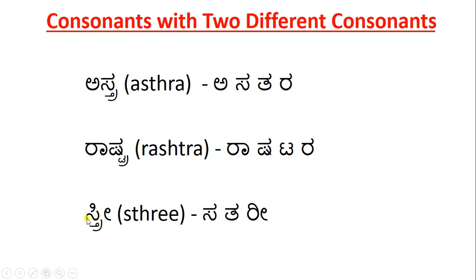Stri. It is written like this, but it is pronounced as stri. The S and the T are pronounced as root consonants, and this is pronounced as the whole re.